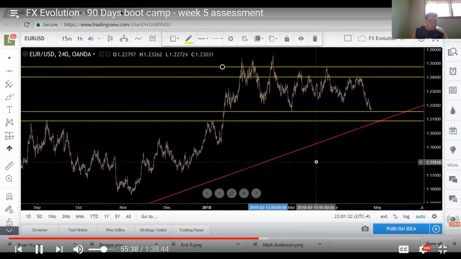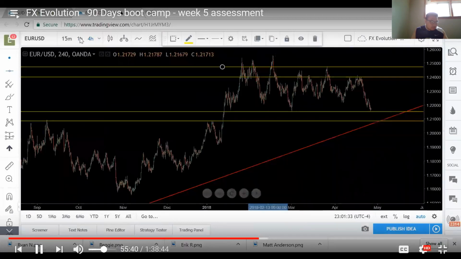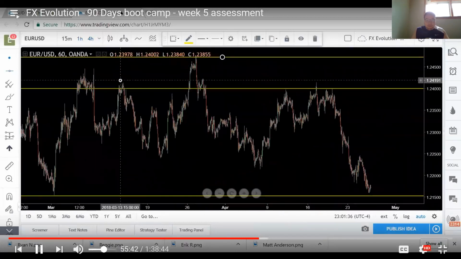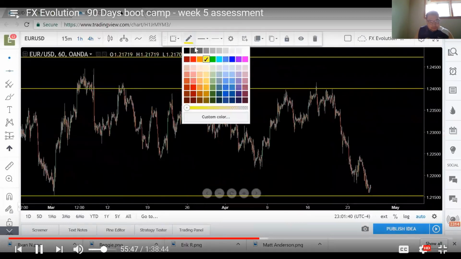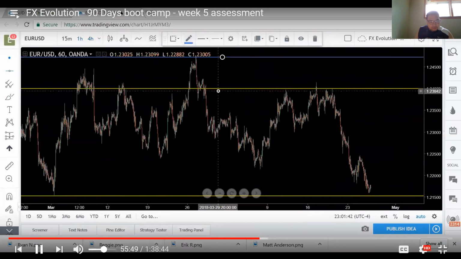Awesome. Go to your 1 hour. You're going to draw 1 hour support and resistance in a different color. Well, how can we change that too?